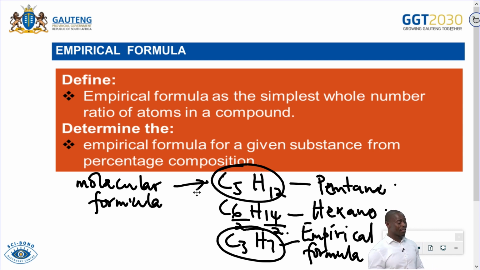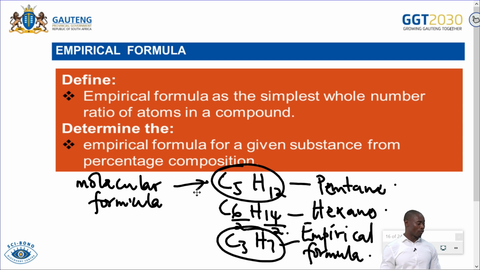So I've used hexane there. Hexane, the actual formula, which is the molecular formula, shows the actual number of atoms present in that compound. It's C6H14.